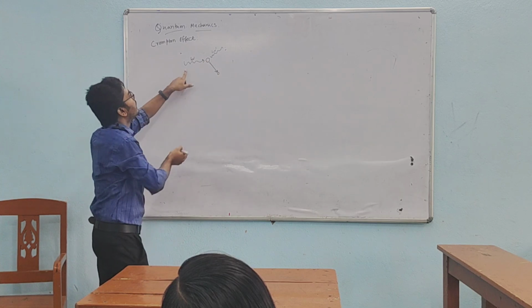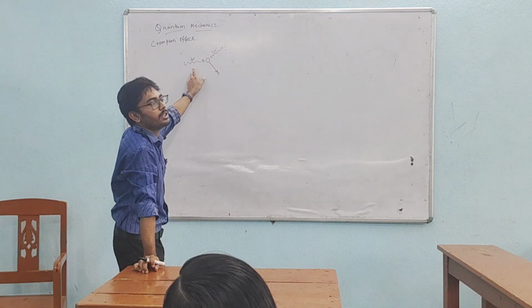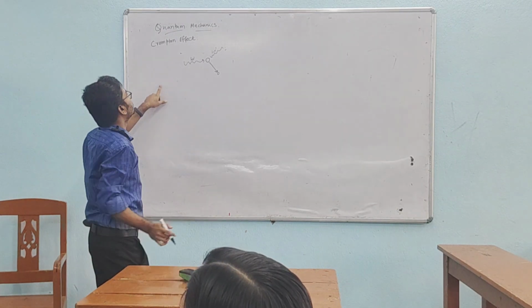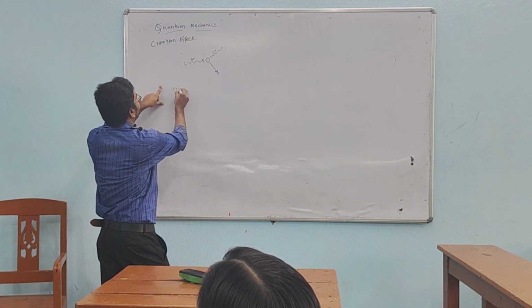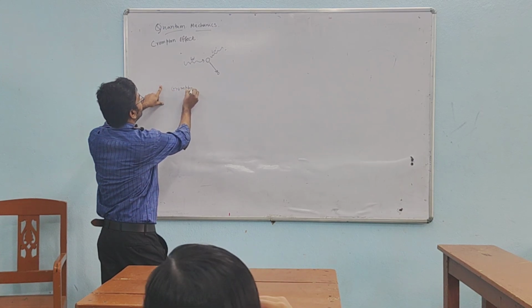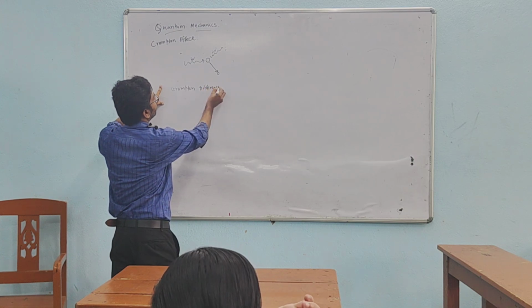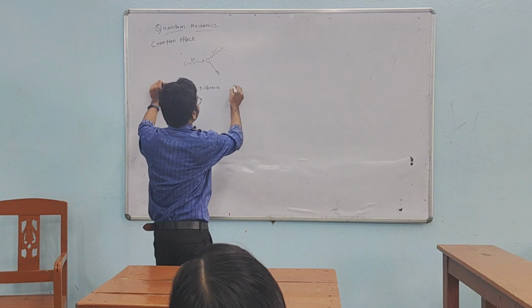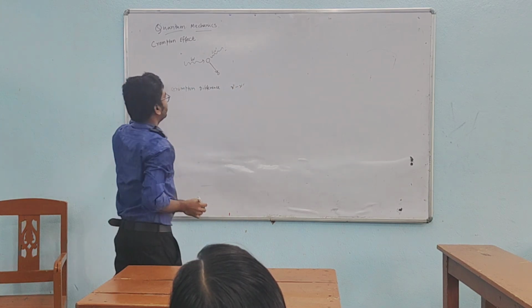There should be some wavelength or frequency difference between these two, h nu and h nu dash, right? So this is called the Compton wavelength difference, that is, nu minus nu dash.